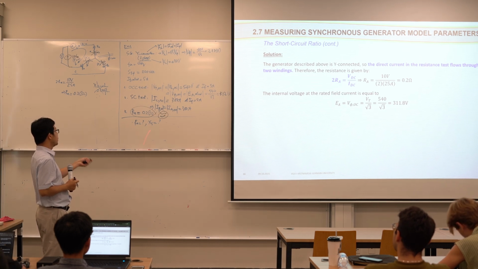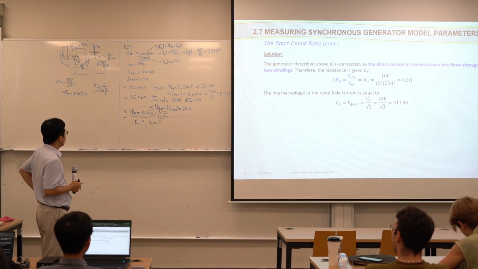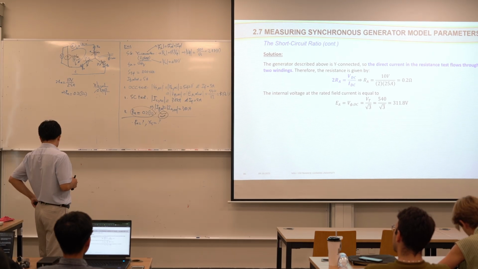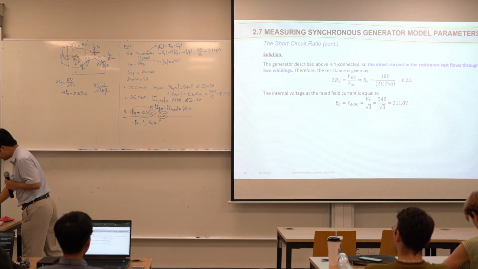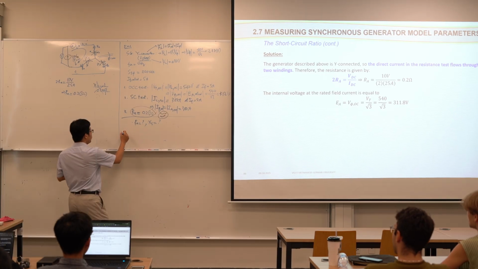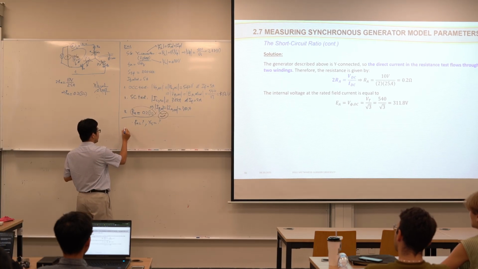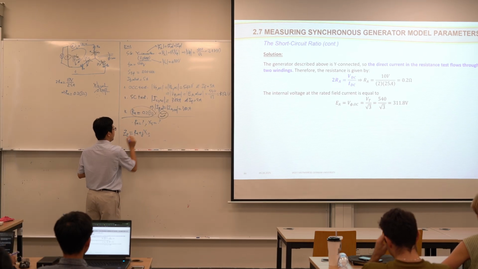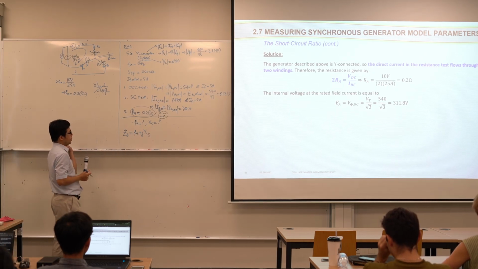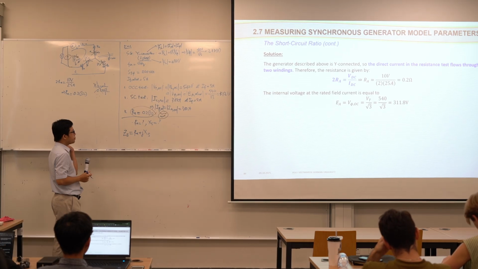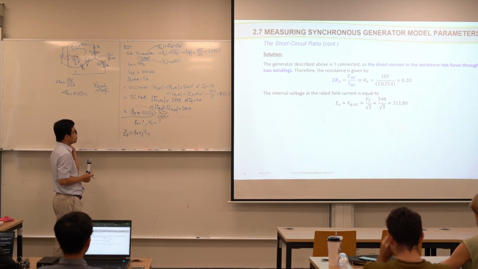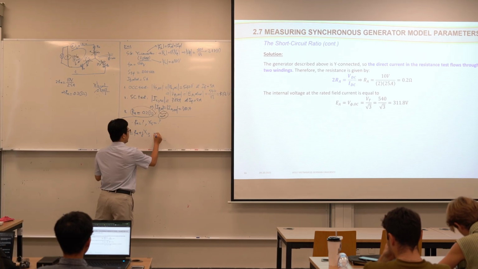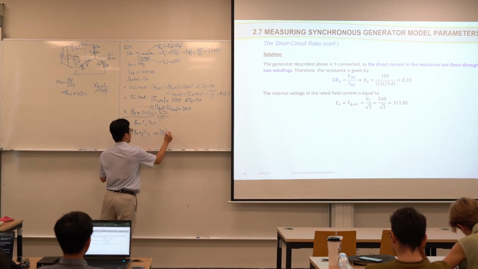Now, how can we calculate XS? We know that ZS is RA plus jXS, and then we can get the absolute value.